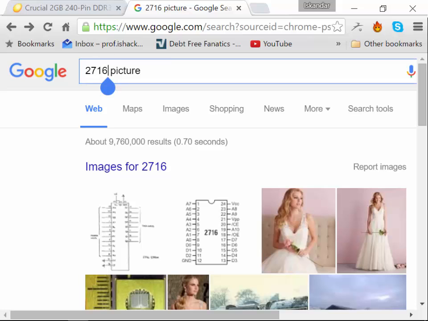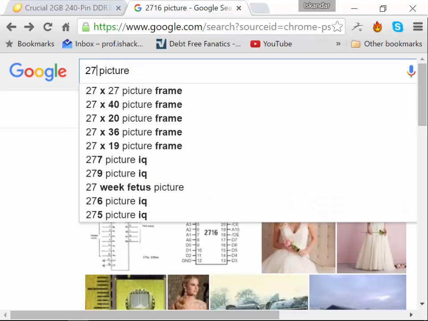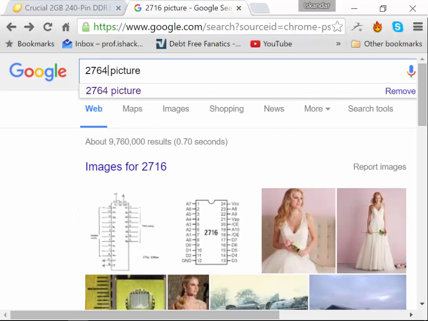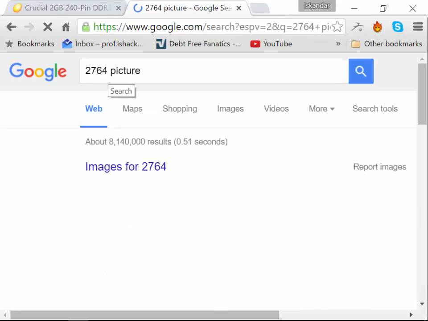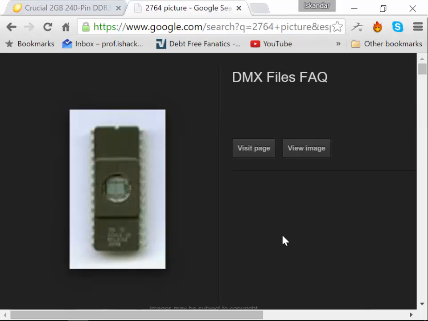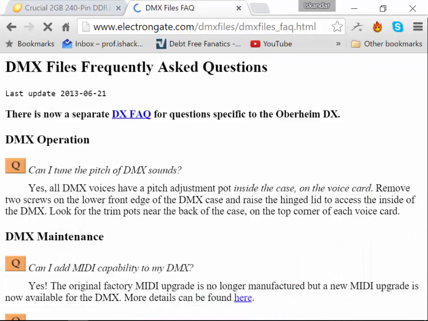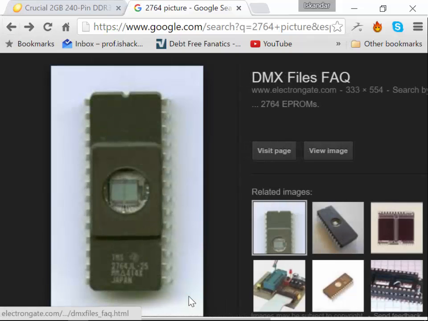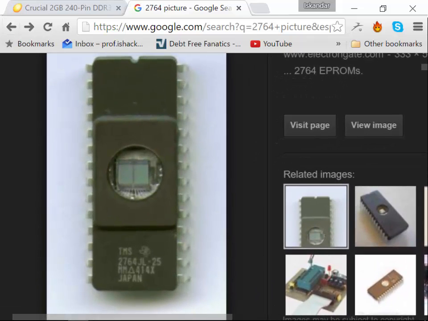I think that's what I had before. Yeah, this is the one. And again, you can see this one here.